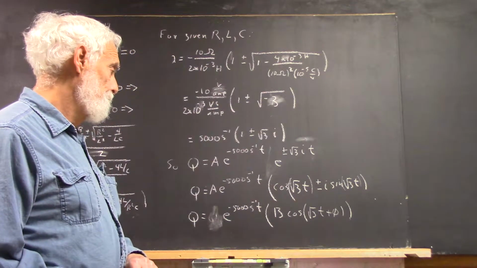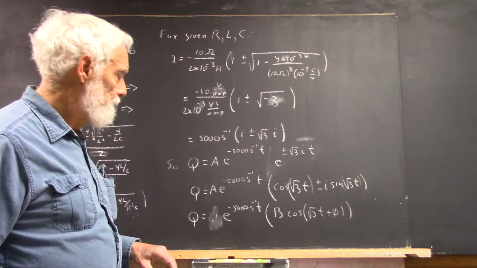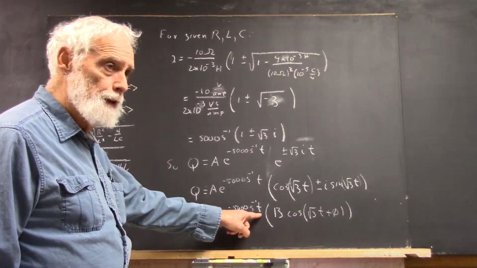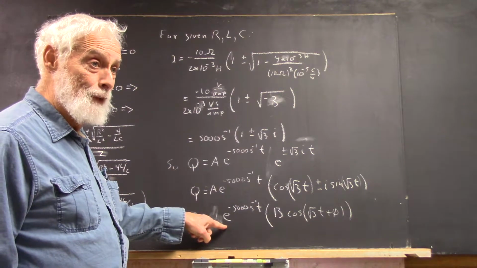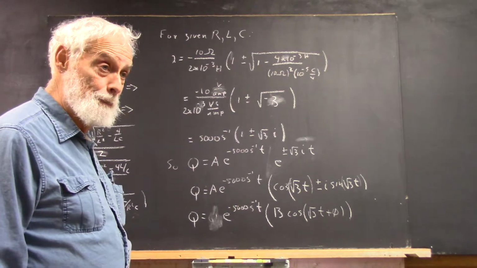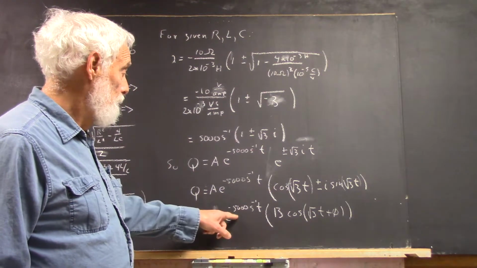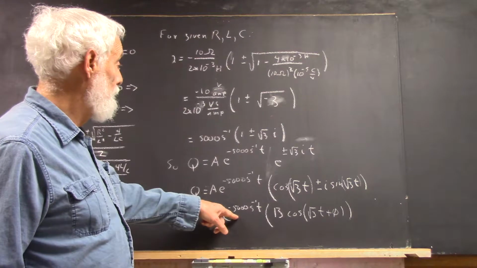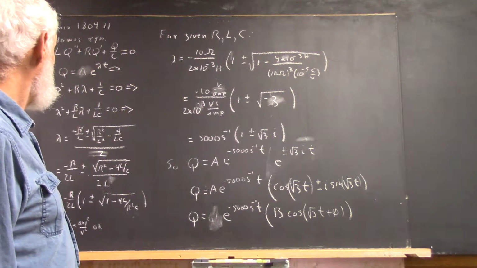It doesn't take much of a t to make this thing approach 0, right? It's going to rapidly approach 0. And the only way you're going to get around that is to have no resistance.